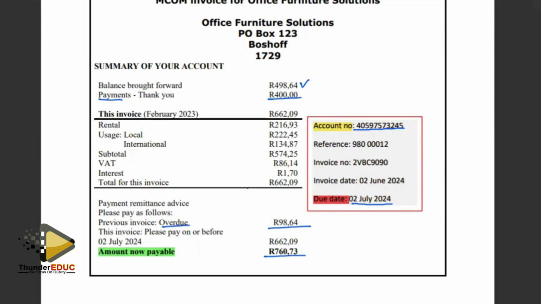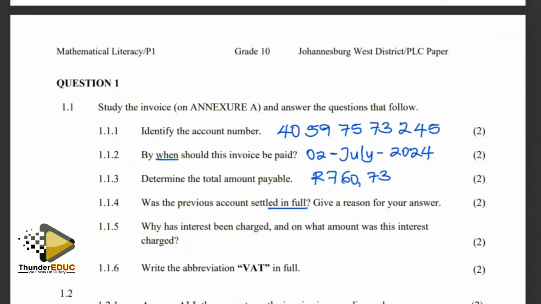So we say, no, there was a balance of 98 rands 64 cents.